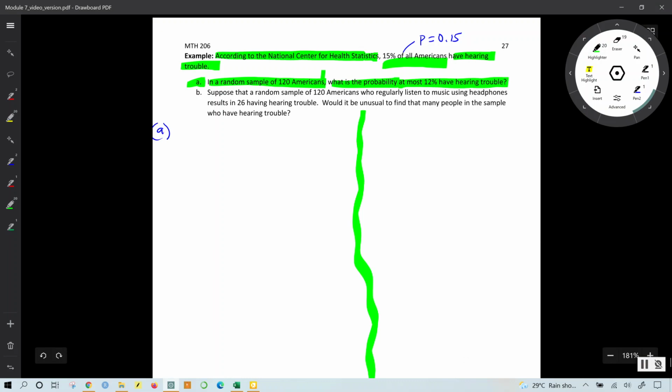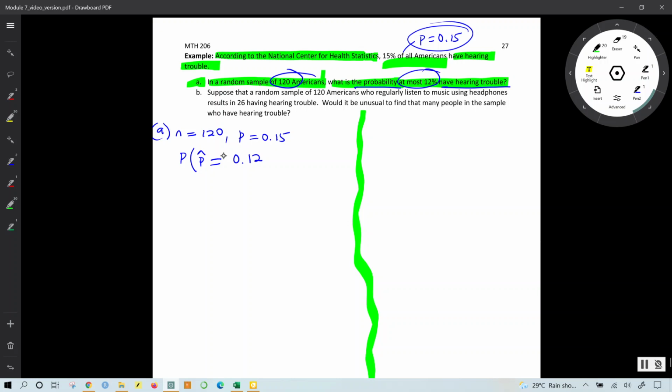In question A, my sample size is 120 and the population proportion is 0.15. My task is to find the probability, capital P, that the proportion in the sample who have hearing trouble is at most 12%. That is, it could be 12%, which is 0.12, but no more than 12%, which means it can be less than or equal to 12%.